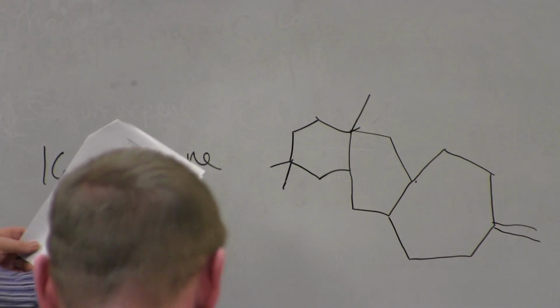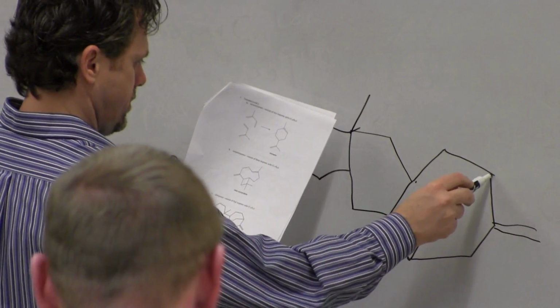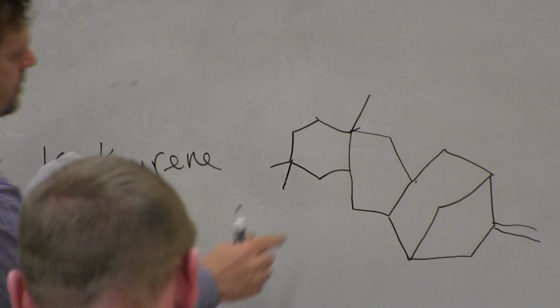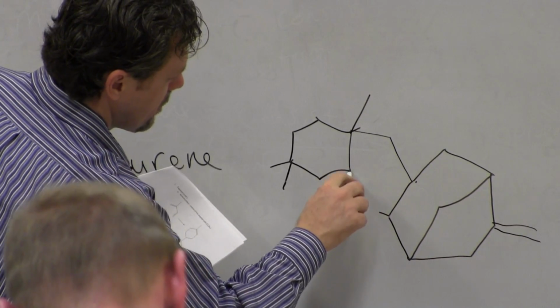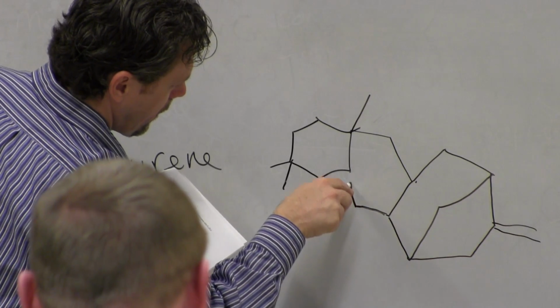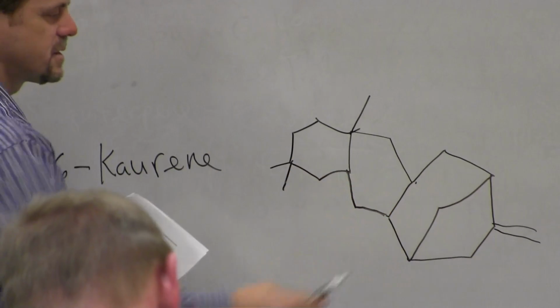Wait a minute, sorry. Got to draw this little bridge. There. And that is a little bit misleading there. That is a 6, 6, and 7-membered ring.